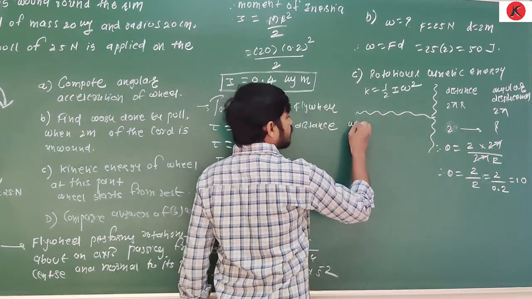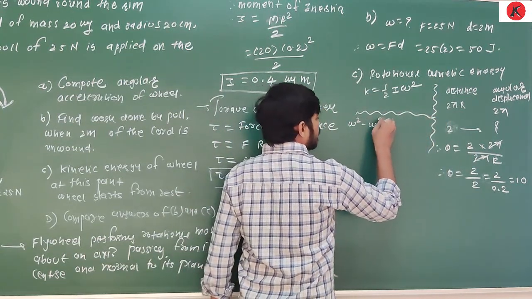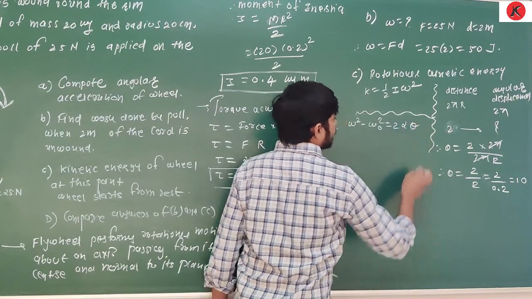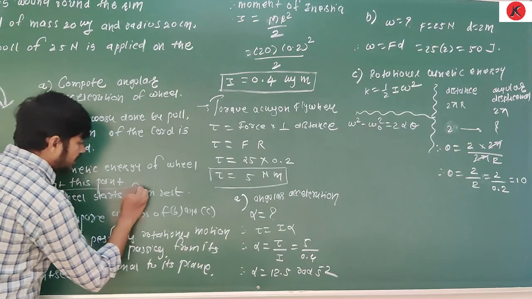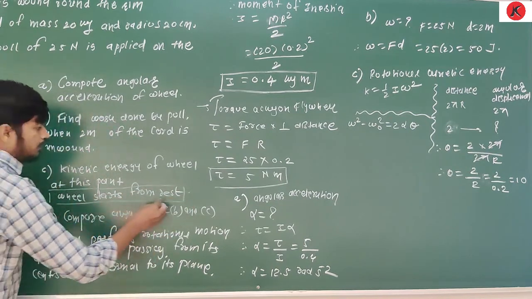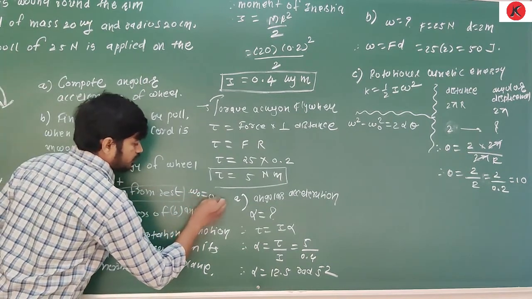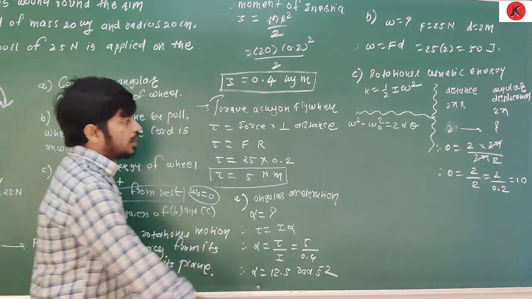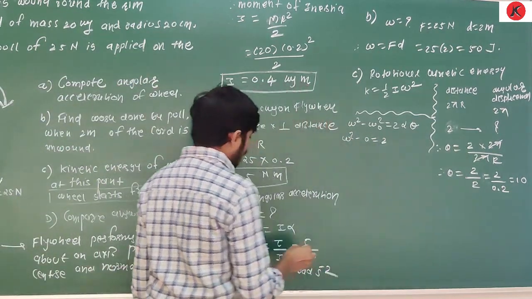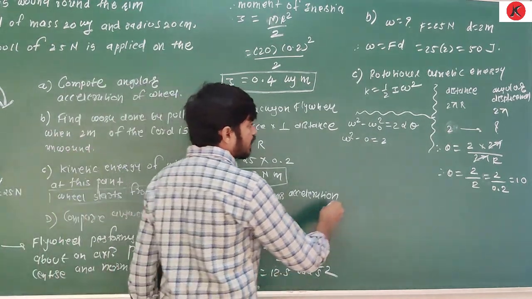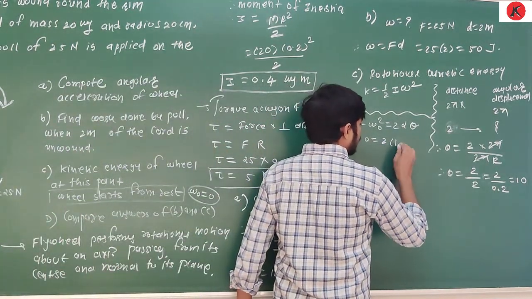Again, you can use this equation: omega square minus omega 0 square is equal to 2 alpha theta. Because you are given the wheel starts from rest, omega 0 is equal to 0. So omega square minus 0. What is the value of alpha? It is 12.5.